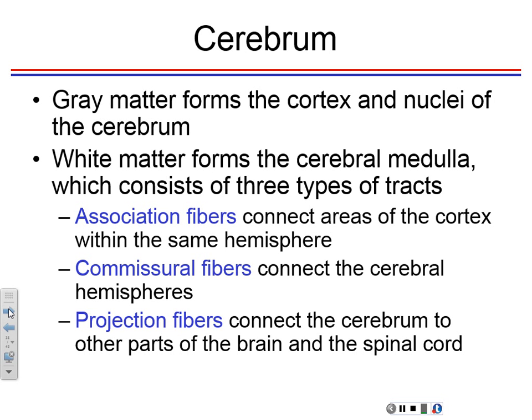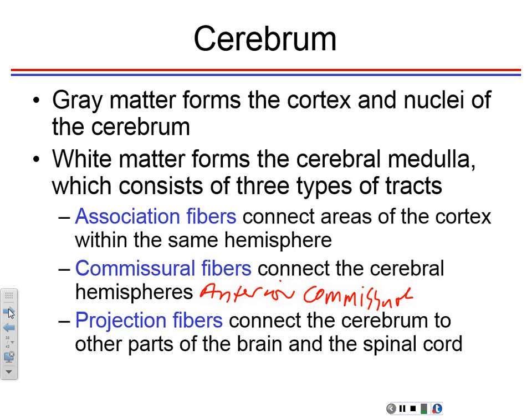Within the same hemisphere, association; from one hemisphere to the next, commissural; and from the brain to the lower parts, projection, because it's projecting to the rest of the body. In fact, with the commissural fibers, you have what is called the anterior commissure. These are some of the parts of the brain that we will do when we dissect the brain next year, and it's the minor part.